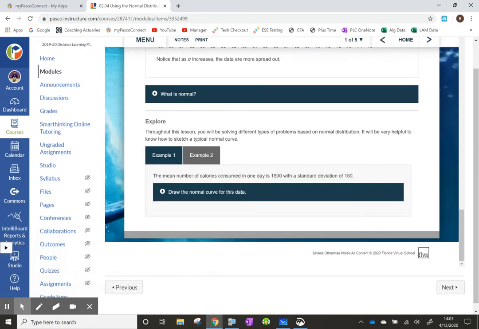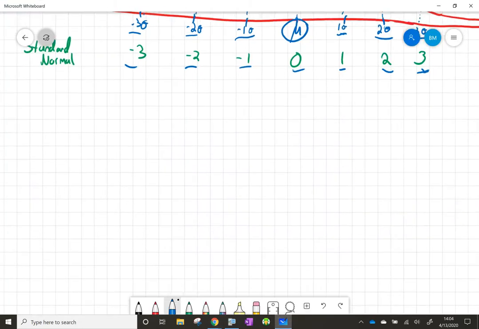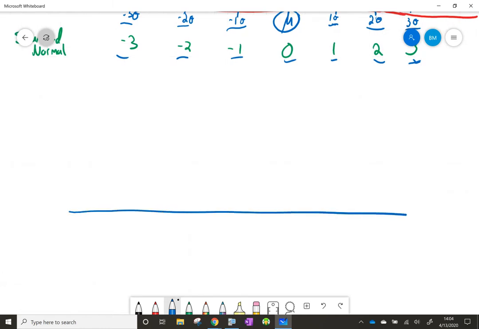If you look at example 2, let's draw this before we actually see it. This one has the mean as 1,500 calories with the standard deviation of 150. So if we were to draw a sketch of this curve, we would have the mean of 1,500 in the middle.